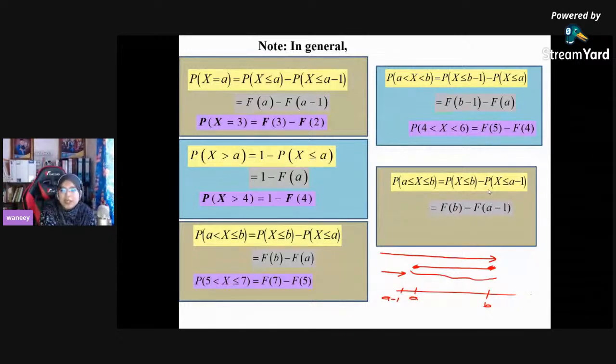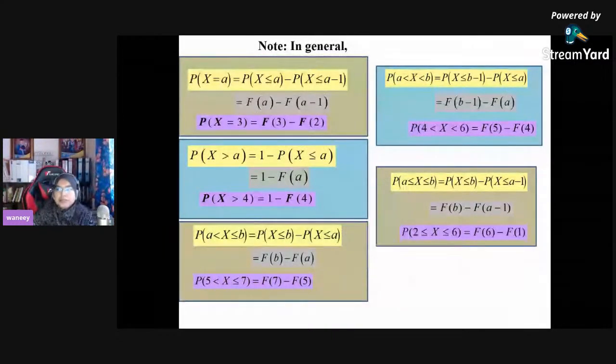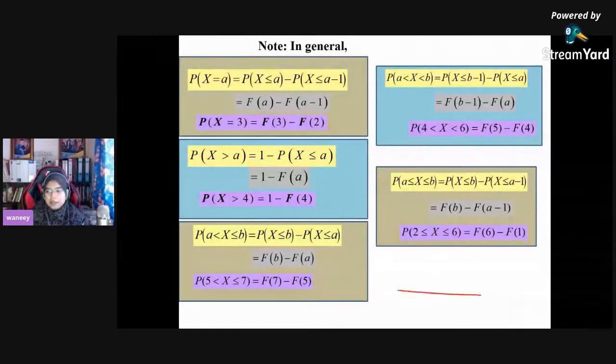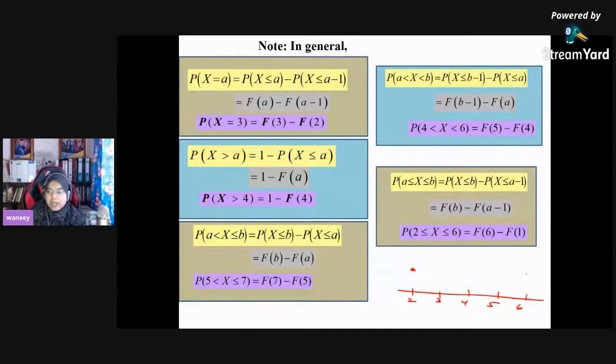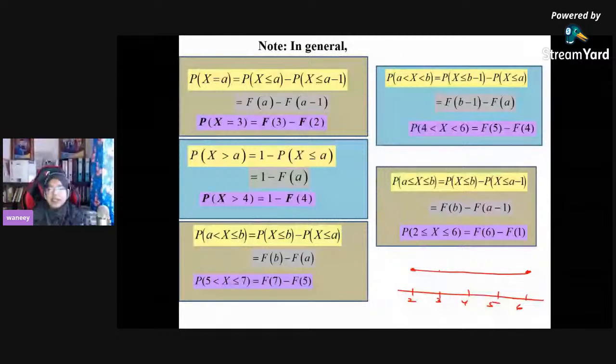So if we have an example over there, 2 until 6, let me show you with that example. 2, 3, 4, 5, 6. What do we want? I want the 2 and the 6. So when we start from the left hand side, go straight away to the 6.